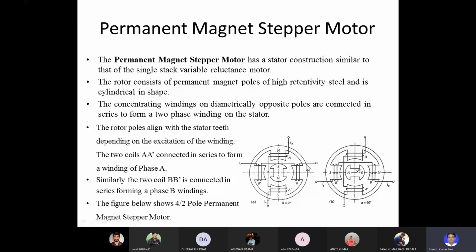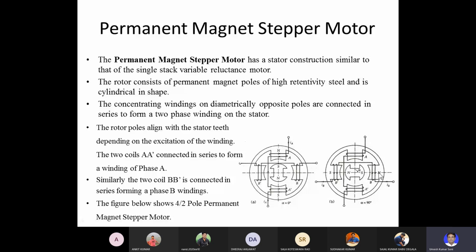Now, when you energize both phase A and phase B, the rotor S pole will align in between the phase A and phase B N poles. Okay, so after the de-energization of phase A, again the rotor S pole will align in the direction of phase B, which is the N pole.